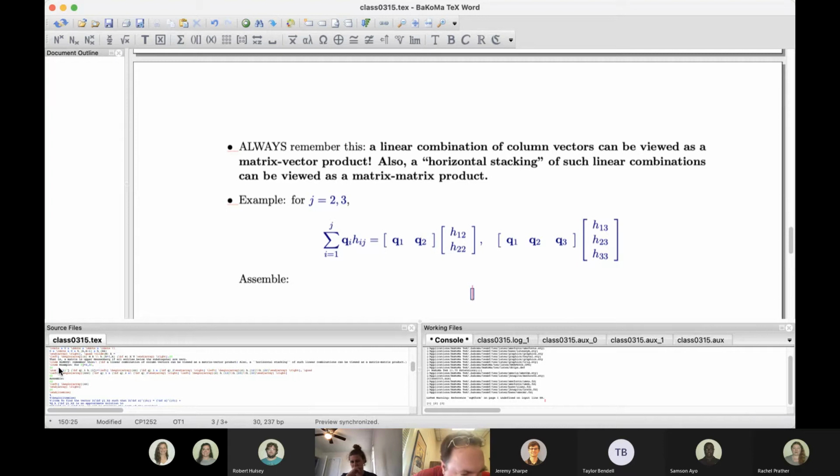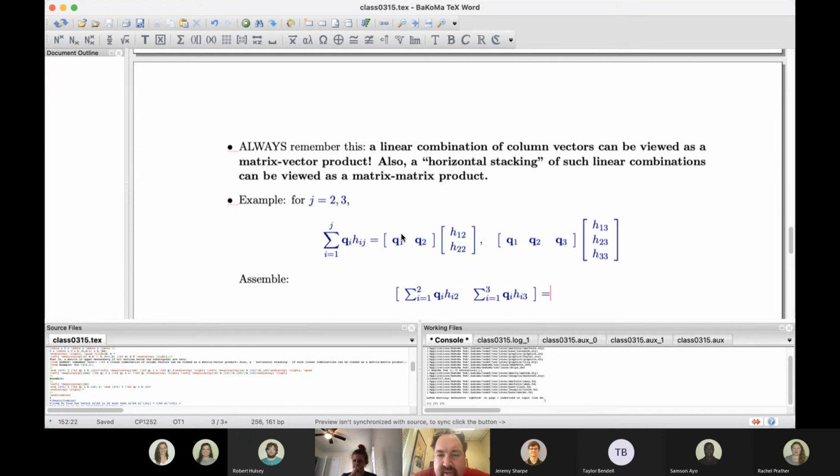Right, so if I put this in there for the case j equals 2, here j equals 2, and here for 3. I'd like to express both of those together as a matrix-matrix product.